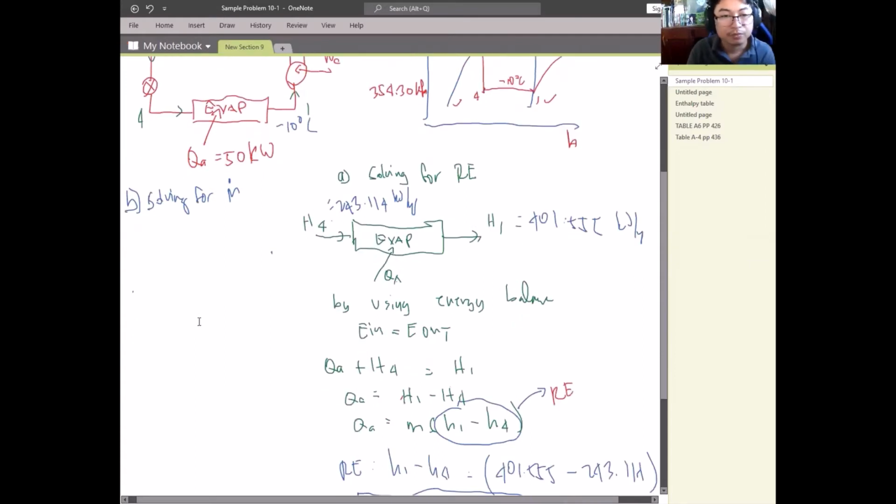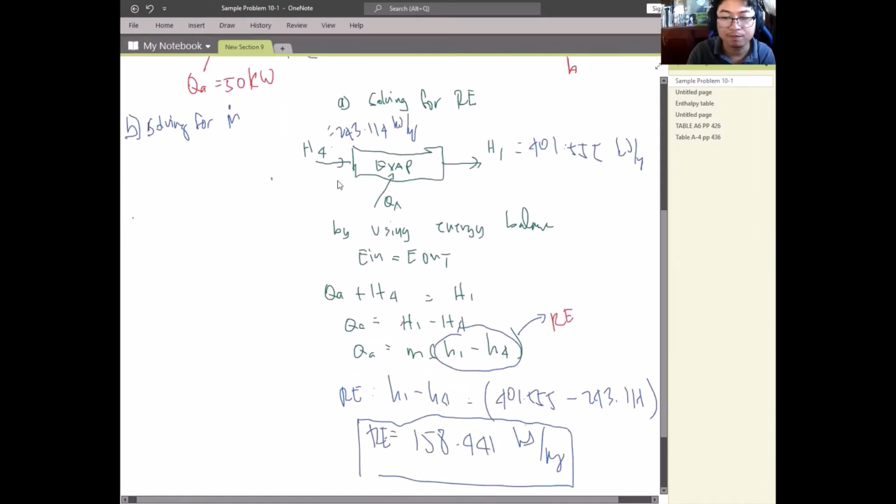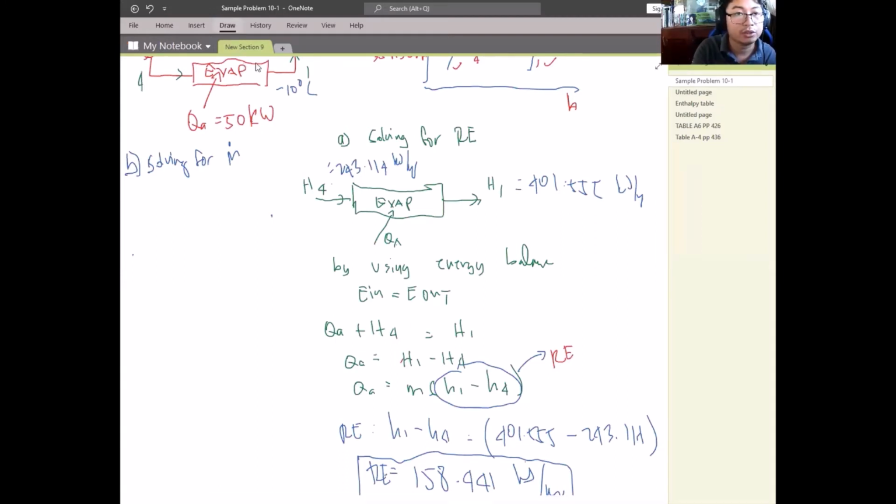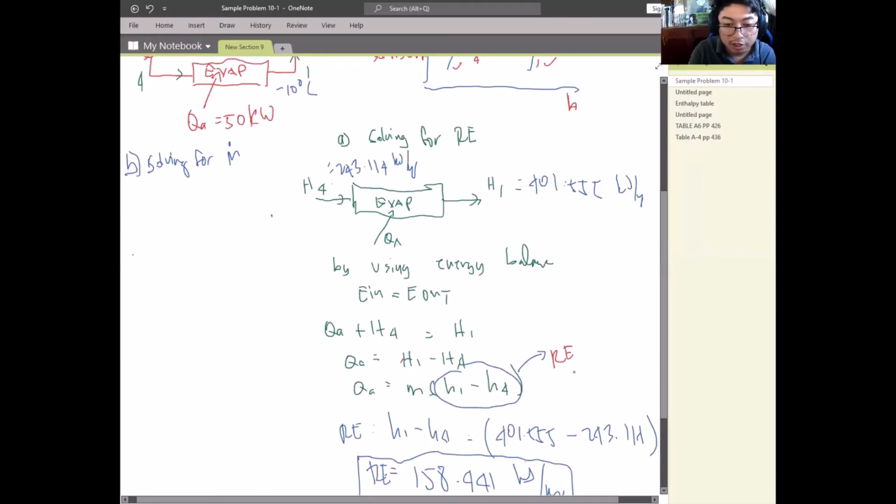As you see in our evaporator side, we already have a complete value of our energy equation. We have a given QA. We already found H1 and H4. We have one unknown value, which is the mass, and this will be the mass flow rate.